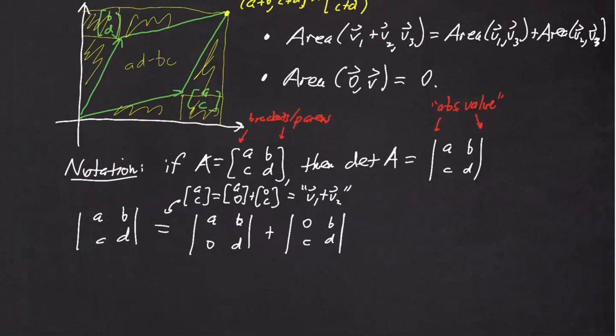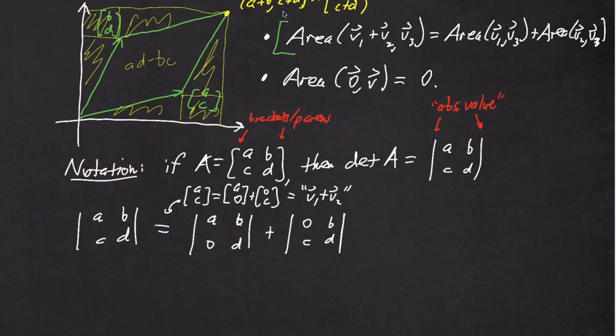It's kind of weird, but that's true, because I'm using this property: V1 is A0, V2 is 0C, and V3 is BD.